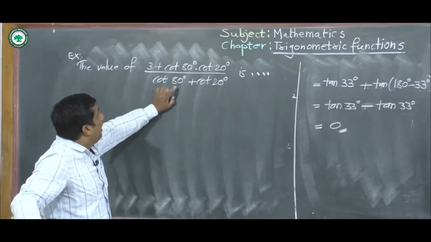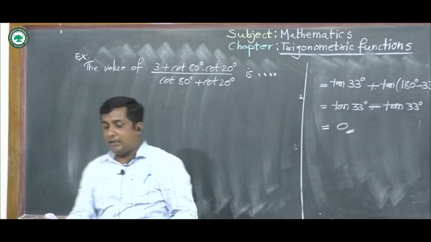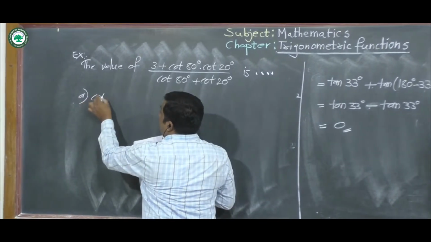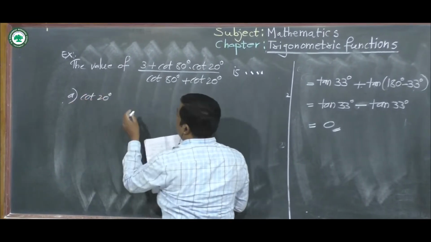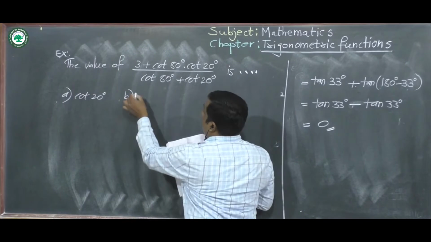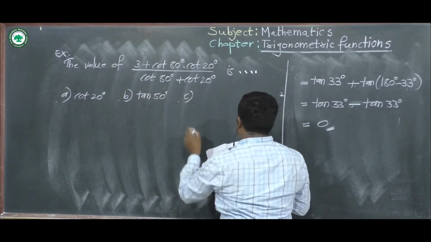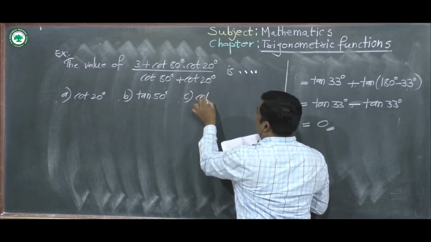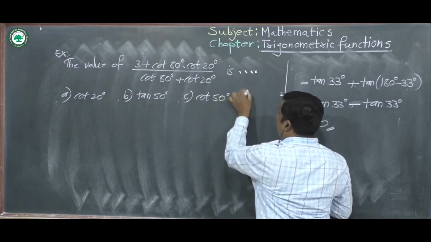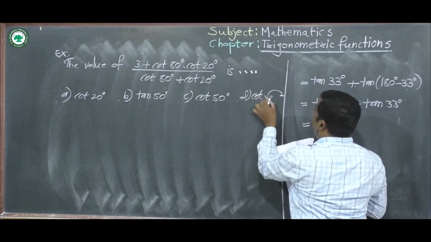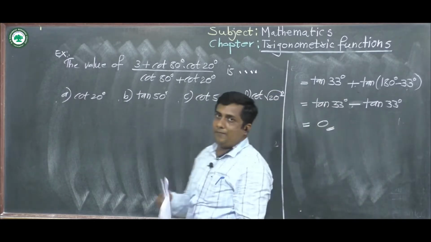We have to find the value of the given expression, and the options are: A, cot 20°; B, tan 50°; C, cot 50°; and D, cot of square root of 20°.